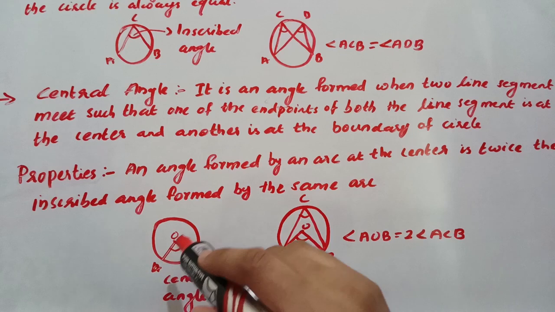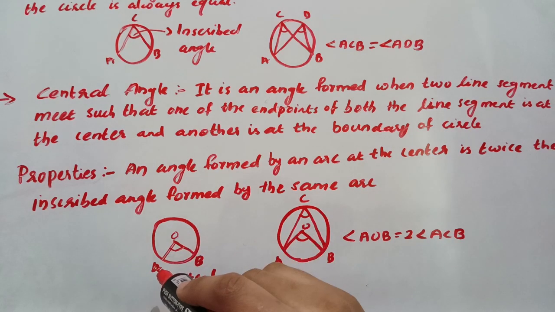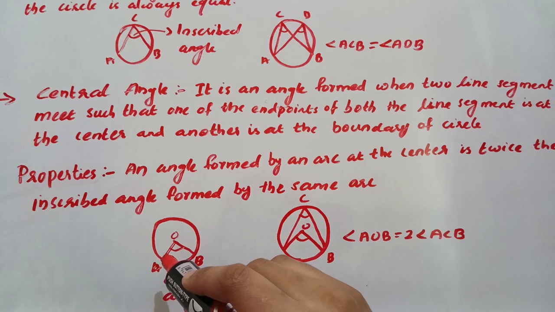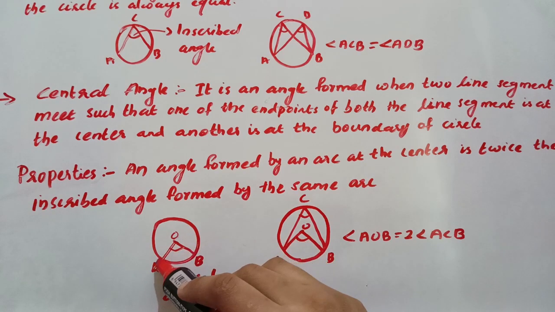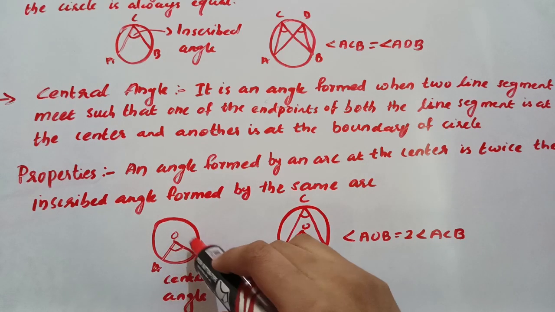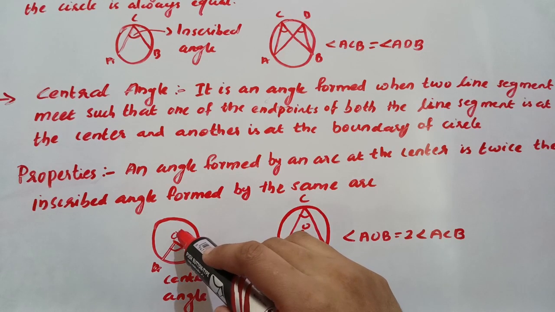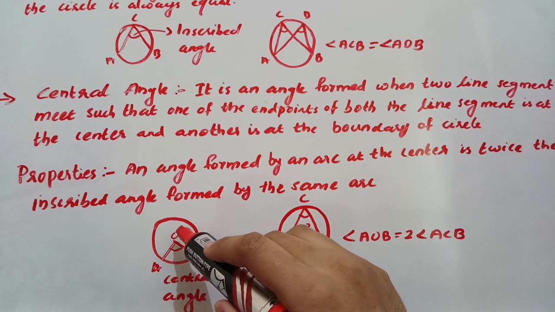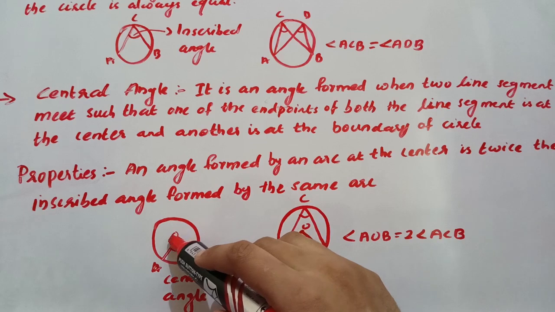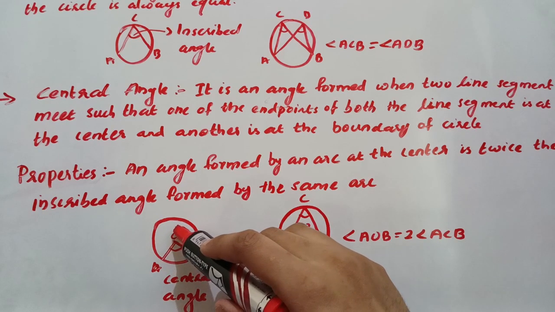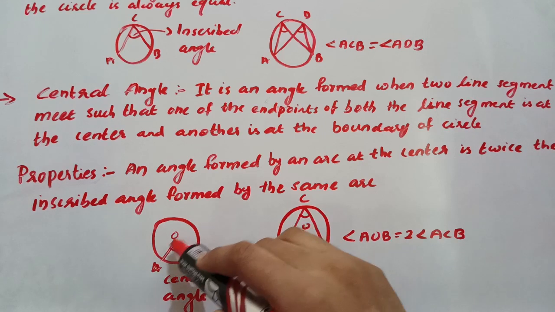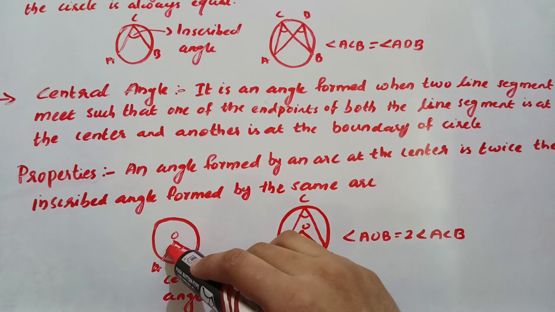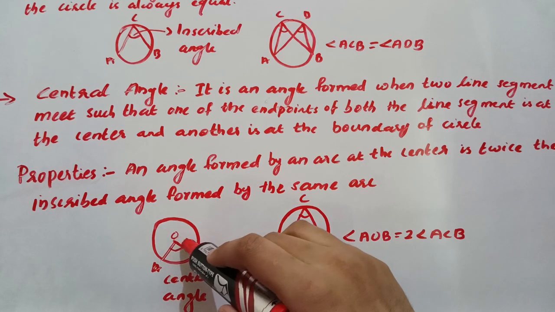This is a line segment AO and other line segment BO. Its endpoint is at the center. Another is at the boundary of the circle, that is AB. So angle made between these is called central angle.